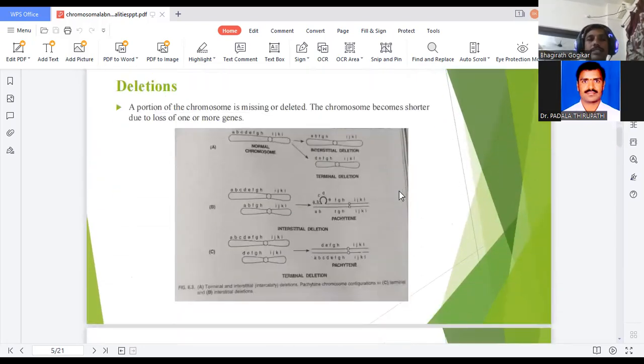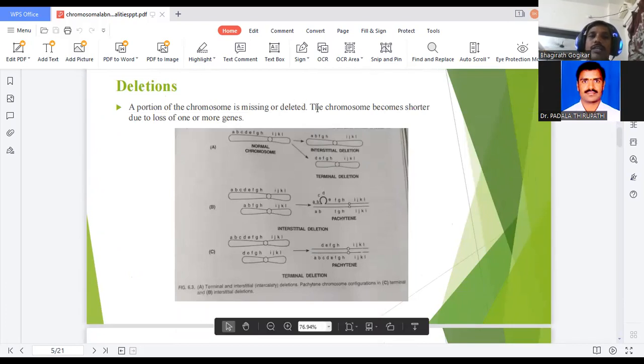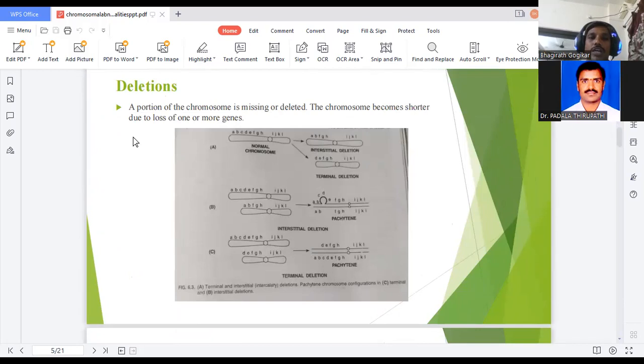What is deletion? Deletion is nothing but the loss of a small segment or portion of a chromatid from a chromosomal complement or a haploid set of chromosomes. A portion of the chromosome is missing or deleted, and the chromosome becomes shorter due to the loss of one or more genes. Deletion is also sometimes called deficiency.